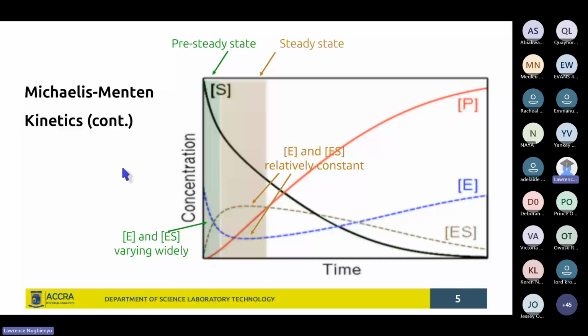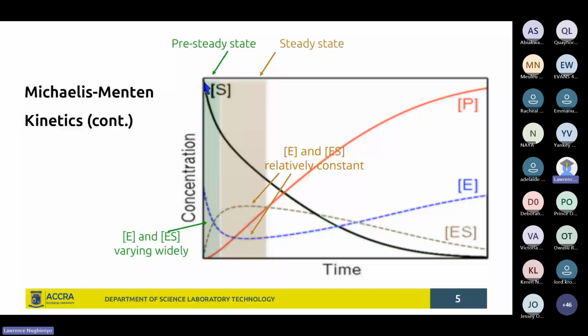Now they noticed different regions of this reaction. So the first region was what was referred to as the pre-steady state, which was at time zero, where you have the substrate concentration being high. Because, of course, at the beginning of the reaction, you have the substrate in the reaction mixture that has not started yet changing into products.